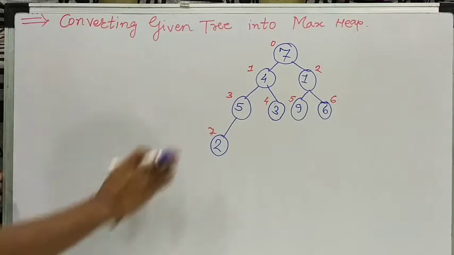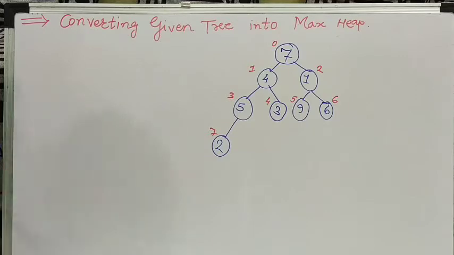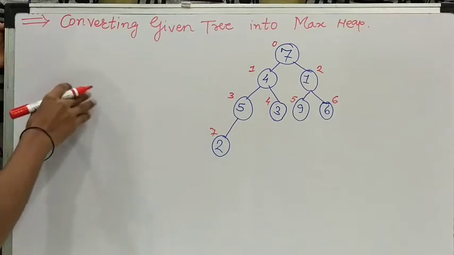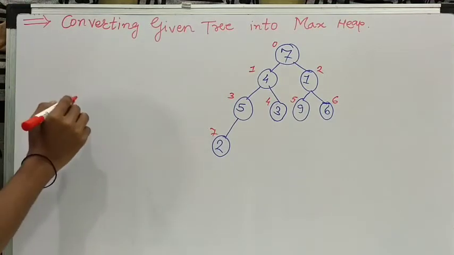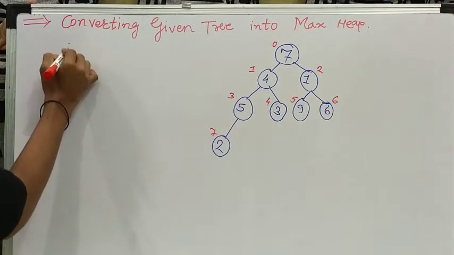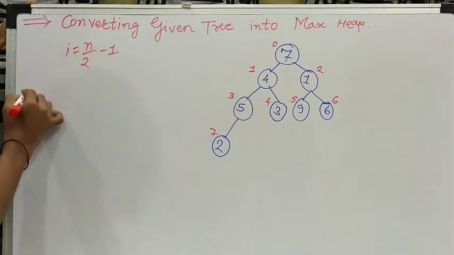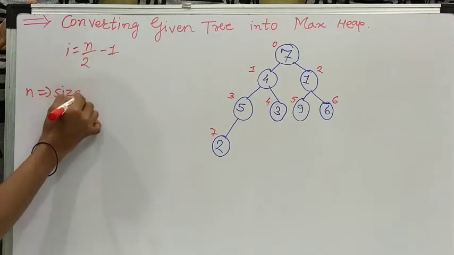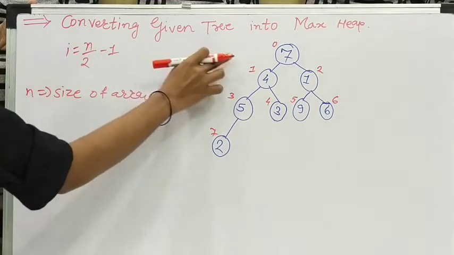Now we will convert this into the max heap. The detailed code I have explained in my previous video, the link of which I will give in the description box as well as in the I button. In that code I explained that we will start to heapify this tree from the index i equal to n by 2 minus 1, where n is the size of the array.